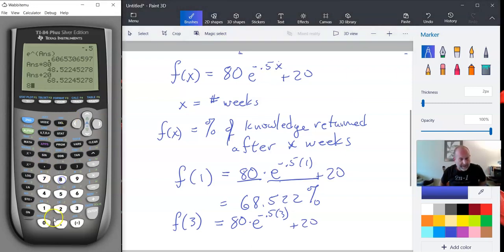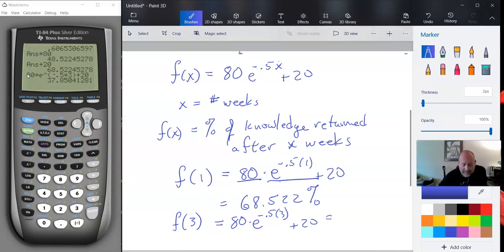So it would be 80 times e to the negative, oops, that's not a point, 0.5 times 3 plus, oops, that's times, plus 20. Whew, boy, 3 weeks all the way down to 37%. Again, these are numbers that are expected when you don't try to review anything at all. You know, keep that in mind.